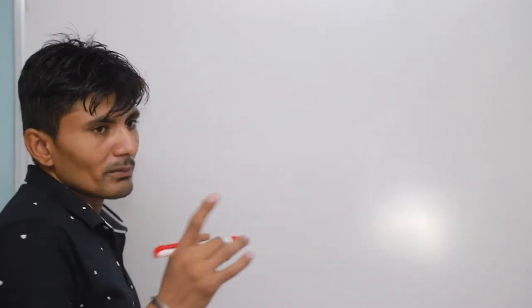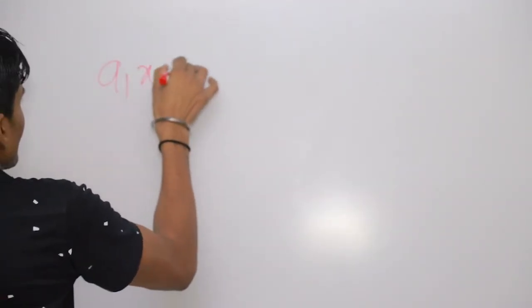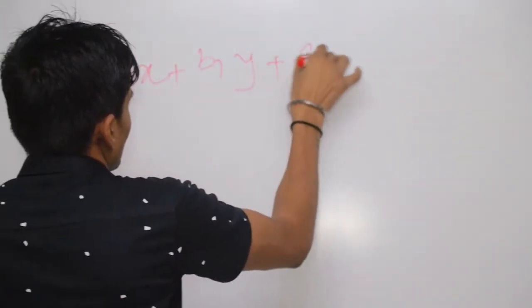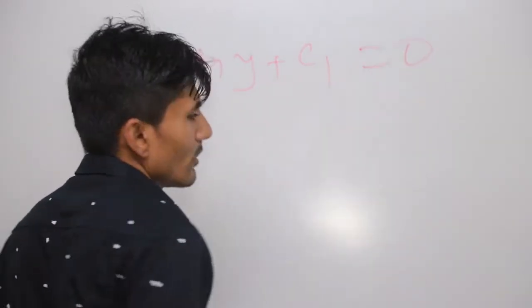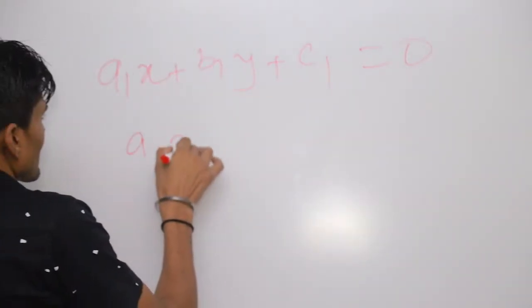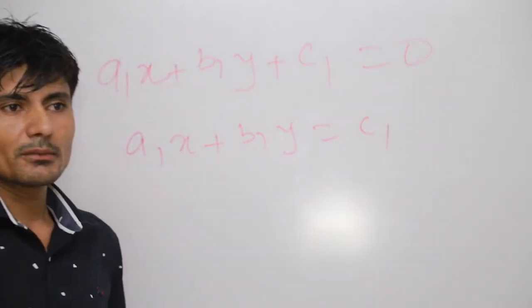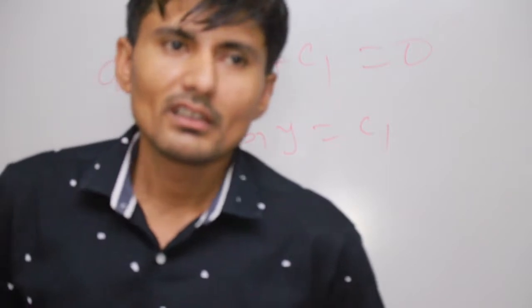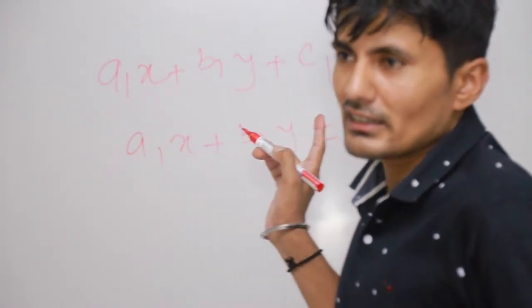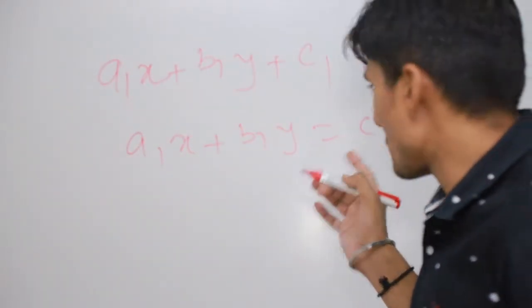The form of the linear equation will always be a1x plus b1y plus c1 is equal to 0, or a1x plus b1y is equal to c1. Both are the general form of the linear equation.